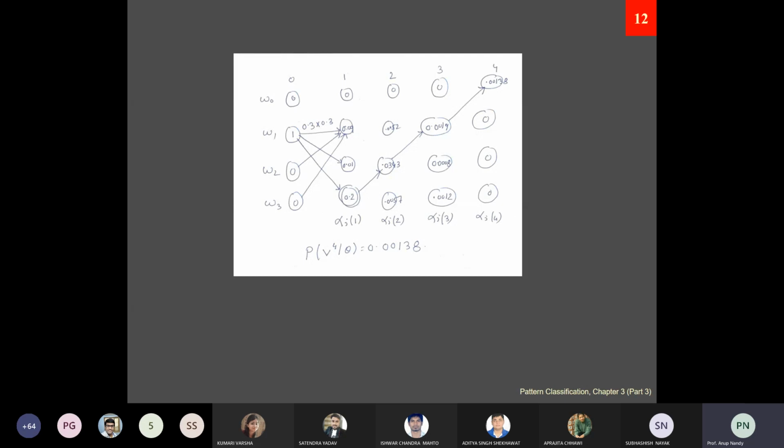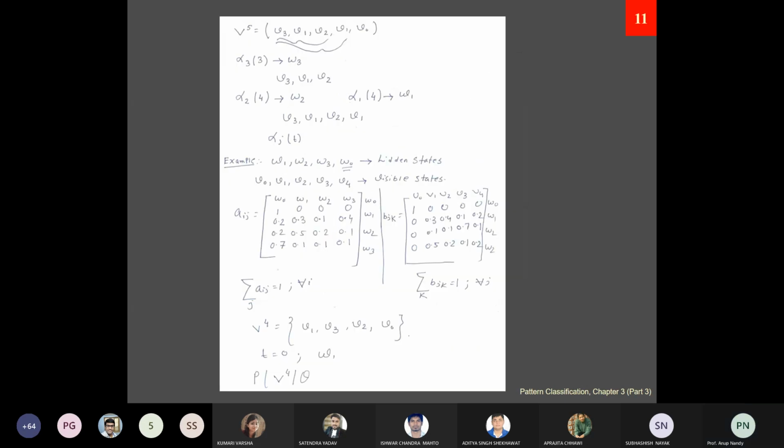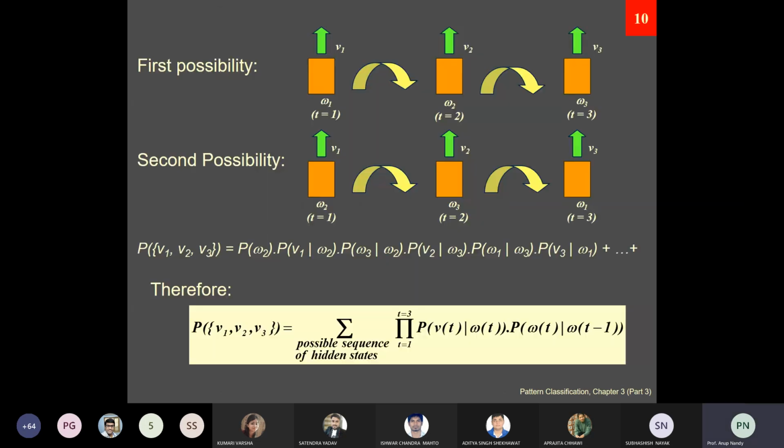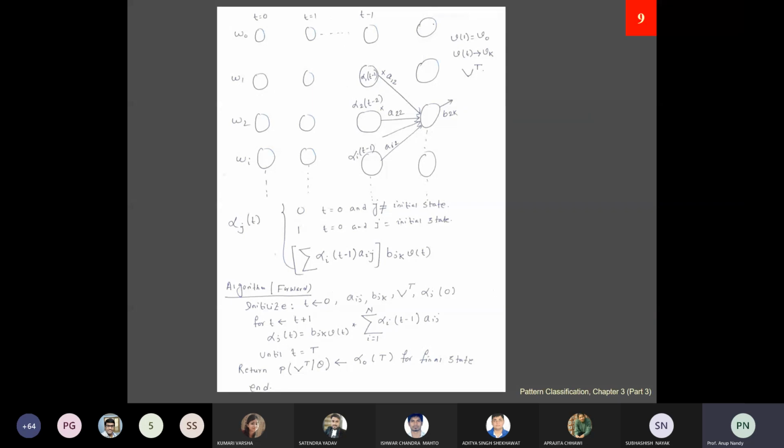You just look at the table. This table will be given to you, and you just apply the formula. That's it. You have to compute this alpha jt for each instance of time, for each hidden state, the probability that the system is in that hidden state.